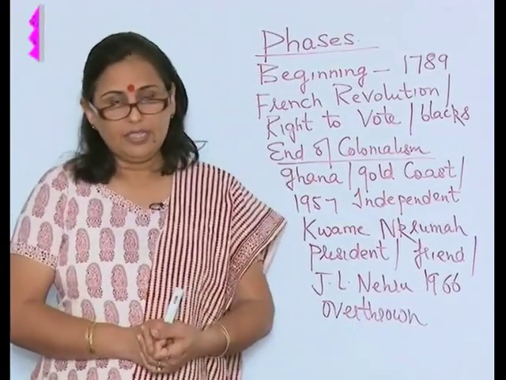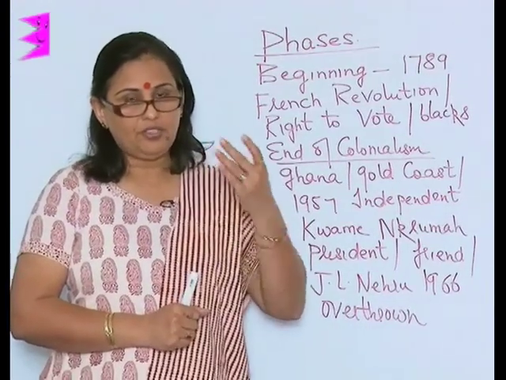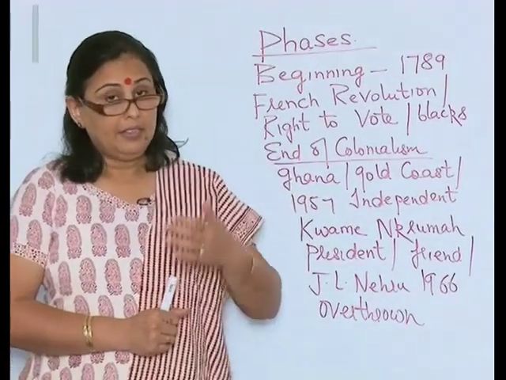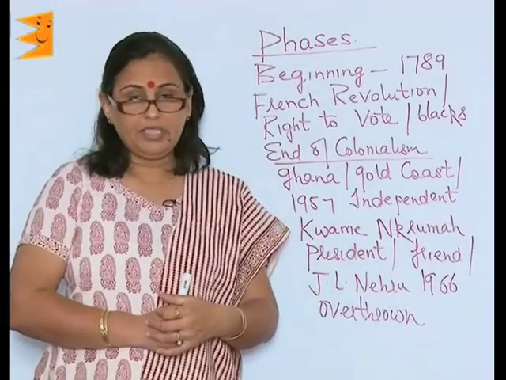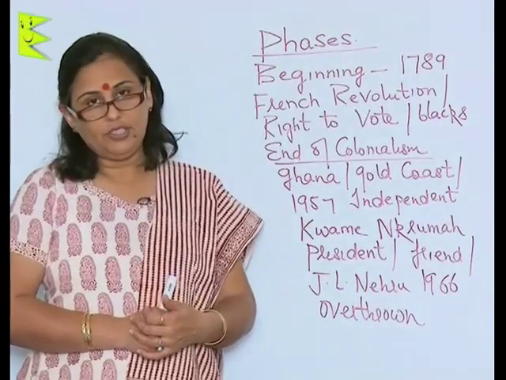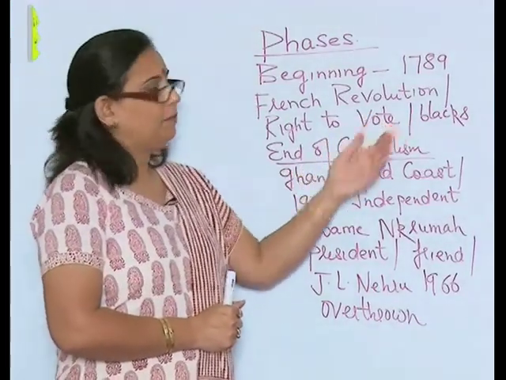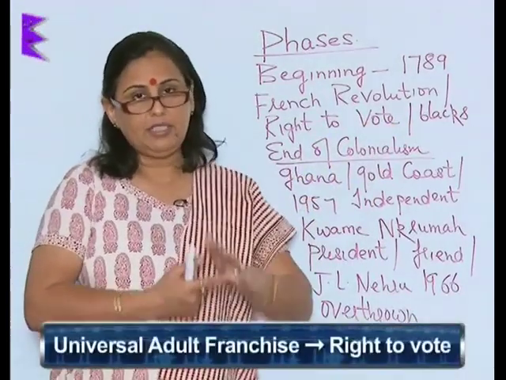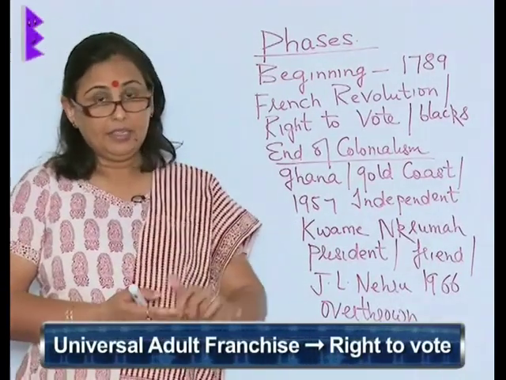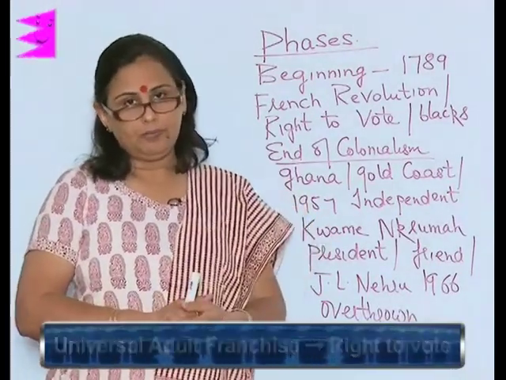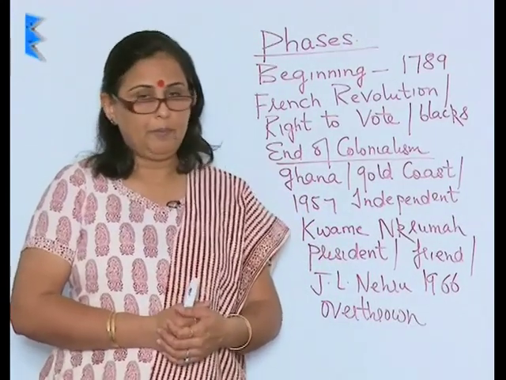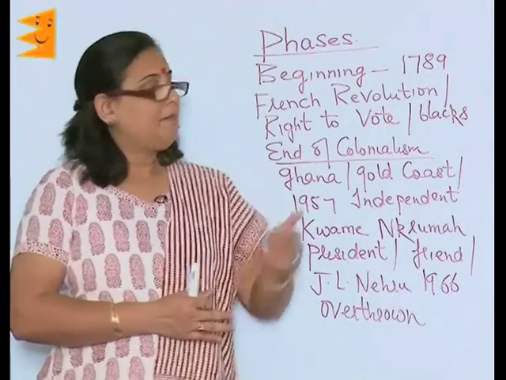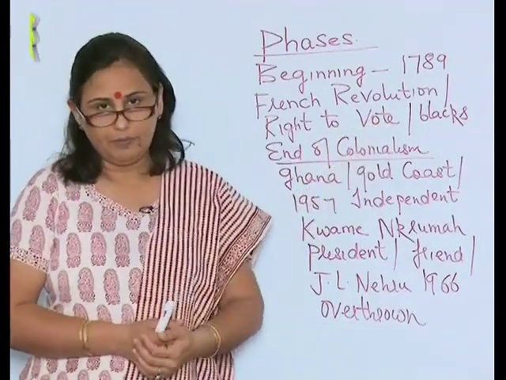Everybody in the world started aspiring for these three golden words, and they knew that this is what is required by all the nations all over the world. People everywhere started demanding universal adult franchise, that is the right to vote, which means all people, irrespective of caste, color, creed or sex, must have the right to vote.